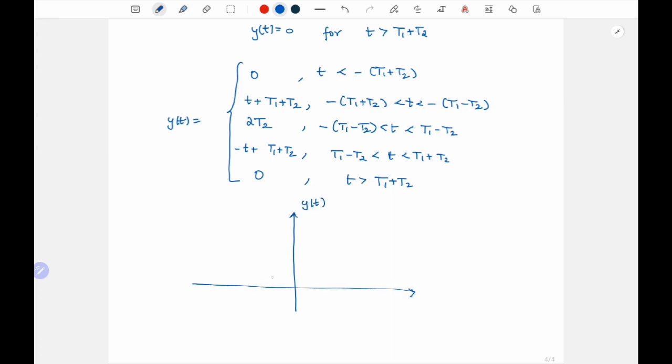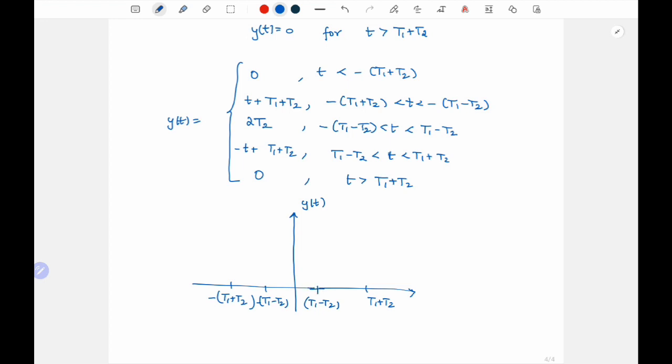So y of t. What are the regions we have? We have t1 plus t2, and then minus of t1 plus t2 and t1 plus t2. And then we have t1 minus t2, minus of t1 minus t2 and t1 minus t2. Right?